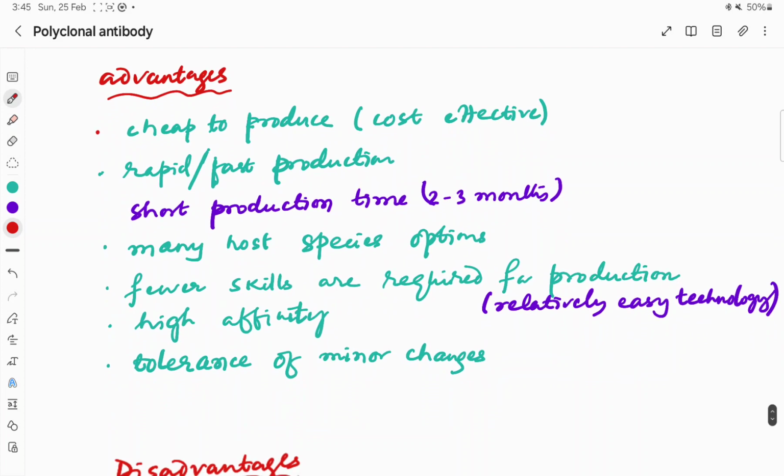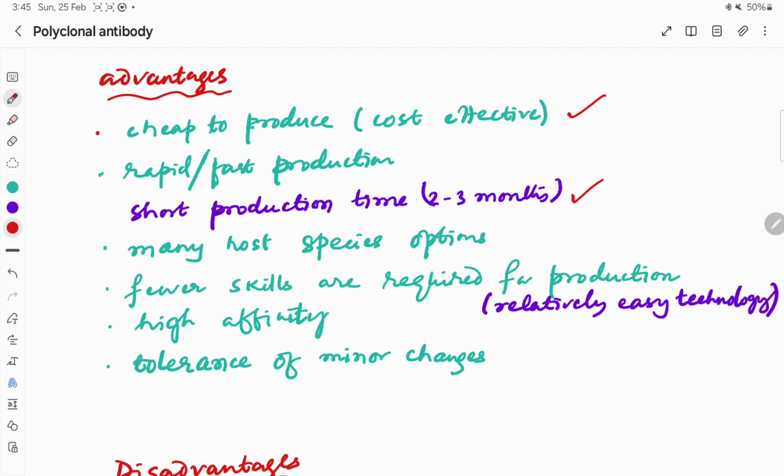So the advantages are that it is cost effective and cheap to produce, and it has a short production time, only 2 to 3 months required, compared to monoclonal antibodies. Many host species options are available. All these advantages are compared to monoclonal antibodies. Fewer skills are required for production, it is a relatively easy technology, and it has high affinity because it binds to a variety of epitopes.